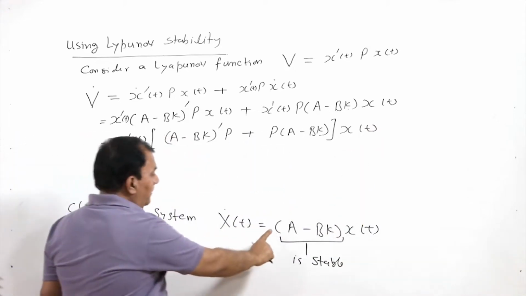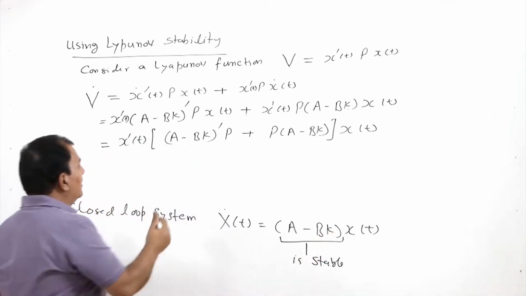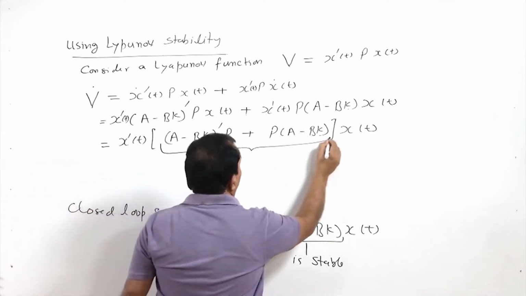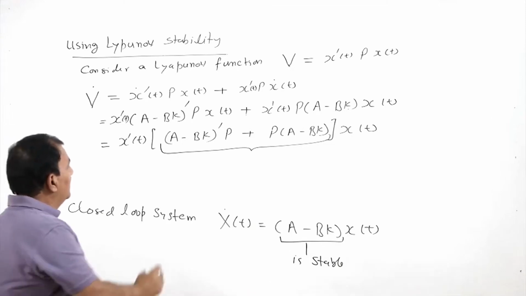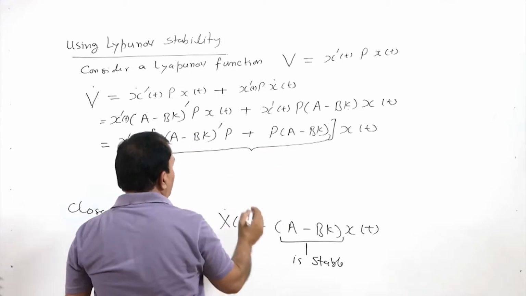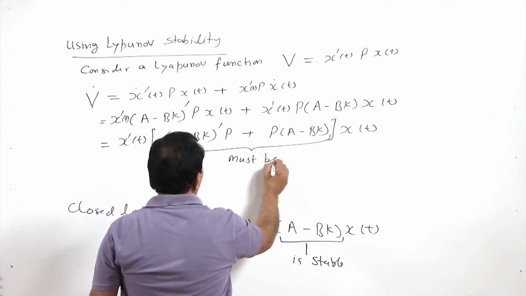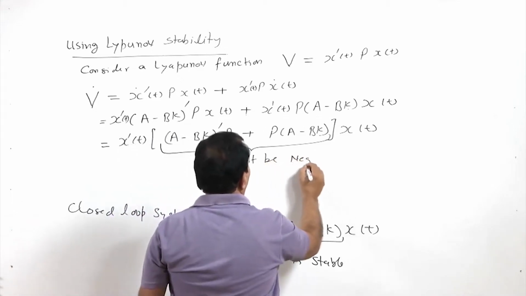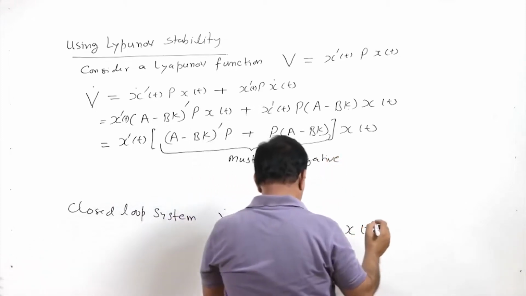If A minus BK is to be a stable matrix, then A minus BK transpose P plus P A minus BK must be negative definite.